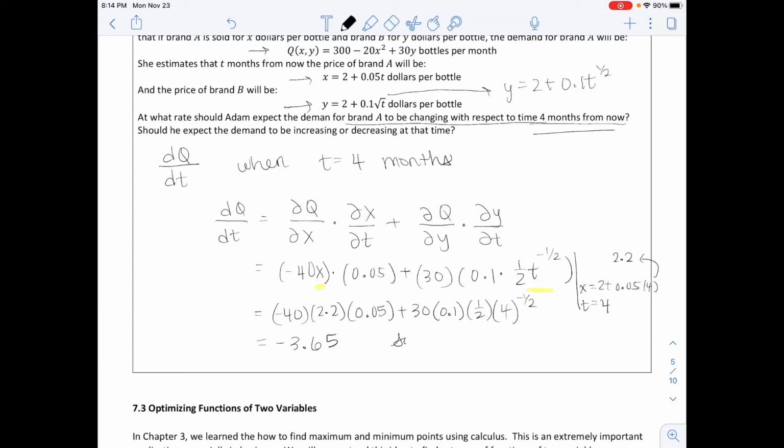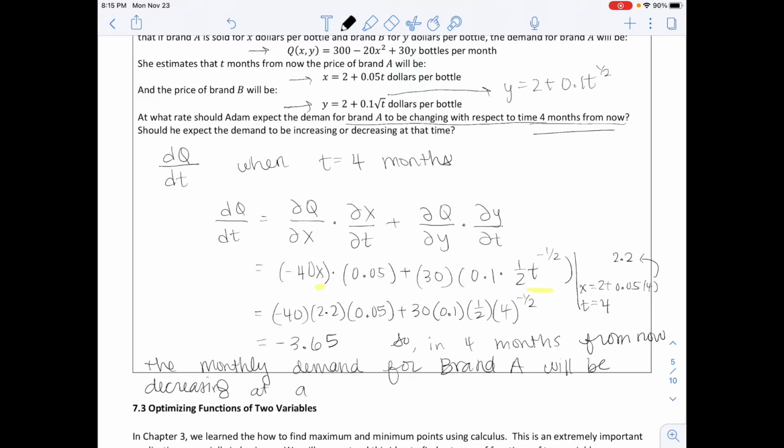So what this means is, in 4 months from now, the monthly demand for brand A will be decreasing because it's negative, at a rate of 3.65 bottles per month.